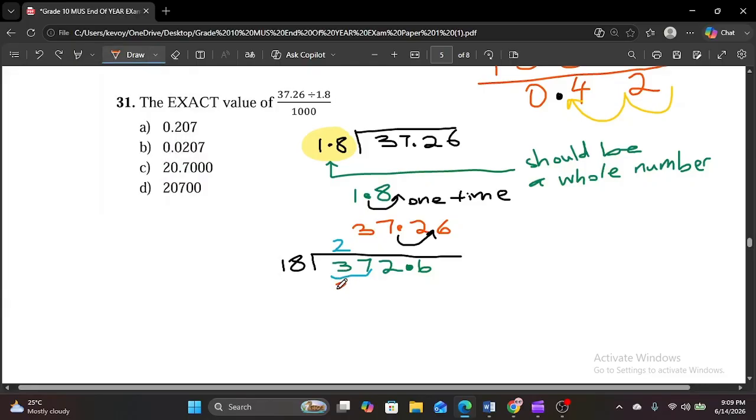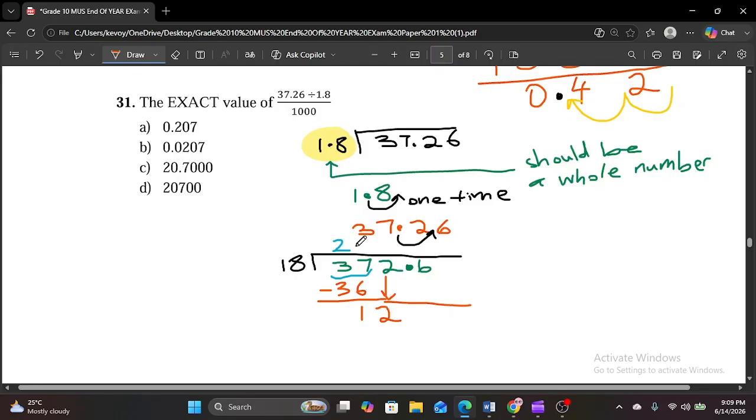Let's write it, so 36. After you multiply, you always subtract afterwards. After subtracting, you always bring down. After you bring down, that's when you repeat the steps. So that means you have 12 now. After you bring down right there, you have 12.